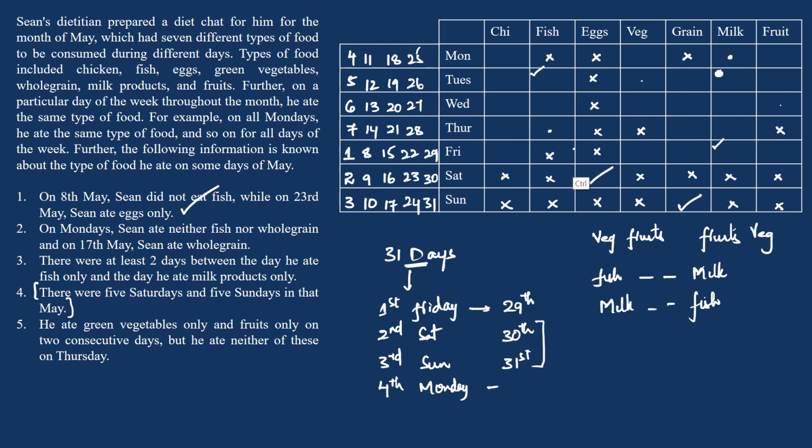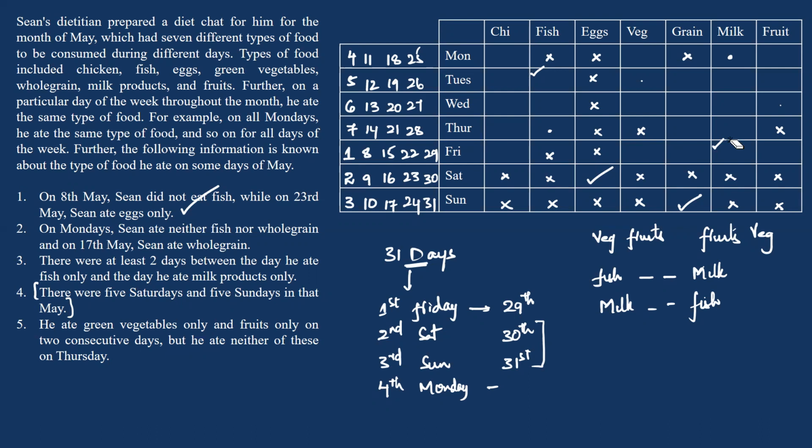So this is not possible. Okay, and in that case, he should be eating vegetables and fruits on Wednesday and Thursday. And on Wednesday and Thursday, you cannot have him eating both vegetables and fruits. So this is not possible.